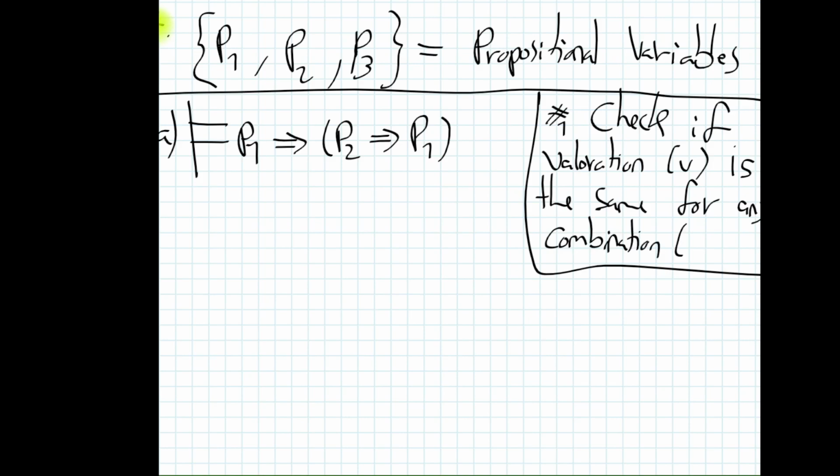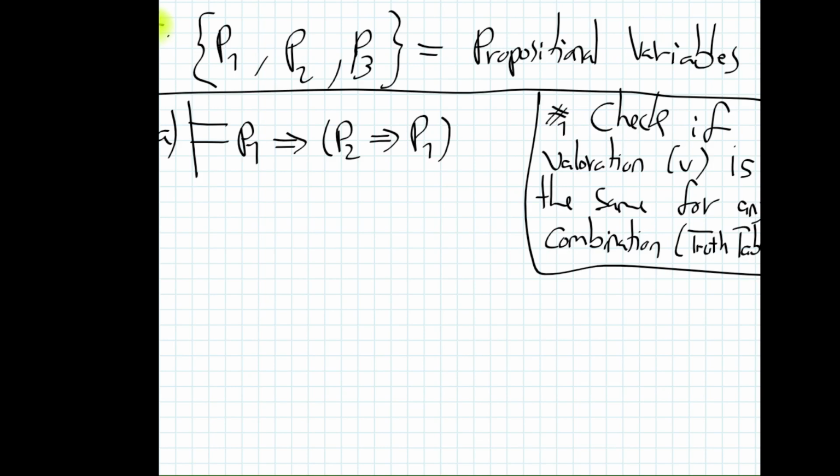And by this we mean we have to use the truth table and display all the combinations that we can get for P1, P2, and P3. For this unique example, we only needed the first ones, P1 and P2. P3 isn't involved.